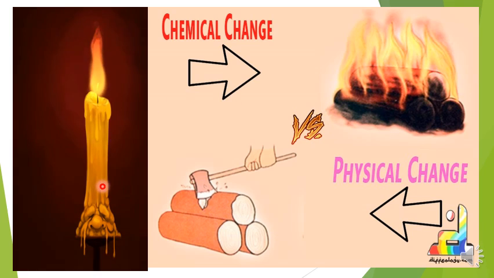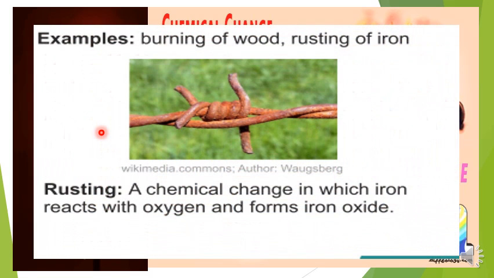Melting of wax is a physical change, whereas burning the candle is a chemical change. You can see it produces light, it gives out carbon dioxide. So it is an example of chemical change. Burning of wood, rusting of iron.